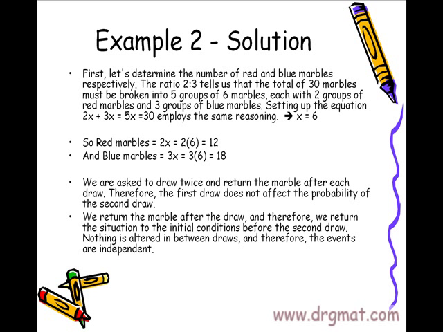So first of all, since I'm given a ratio and a total number, I can figure out how many red marbles I have and how many blue marbles I have. I can set up a simple equation and get the value of x, and get the number of red marbles and blue marbles. Here I have 12 red marbles, 18 blue marbles.